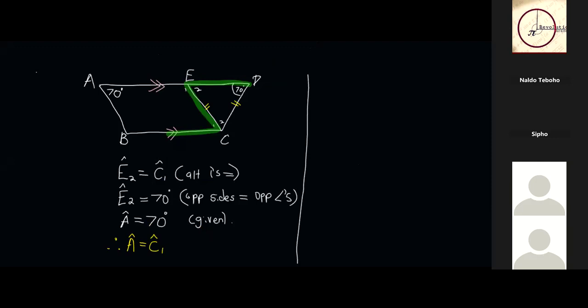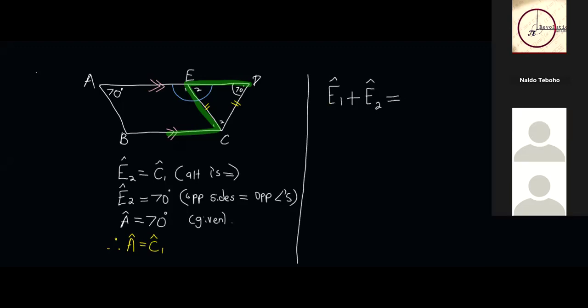When you add E1 and E2, who can tell me what you are going to get? Angle E1 plus angle E2, these two angles, will give me how much? Those are angles on a straight line, so the sum of angles on a straight line is 180 degrees.